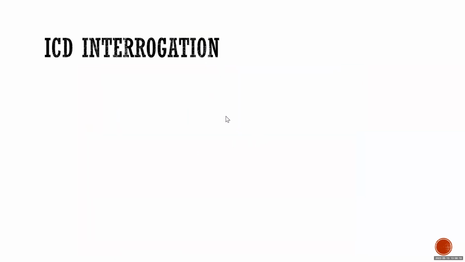Okay, so ICD interrogation, and again, this can be very complicated. What I want you to know are two things. One, a general overview or an algorithm of what to do when patients present with ICD shocks or therapies, and what the EP team wants to know if you're on call and there's someone with ICD therapies presenting to the emergency room or NCC.